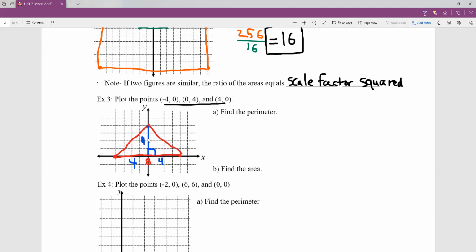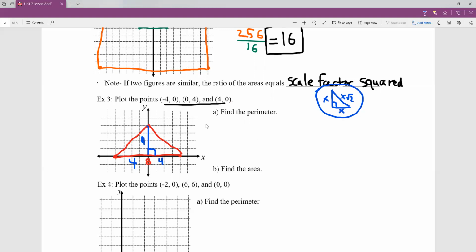So now this right triangle I have here is actually a special right triangle. It is a 45, 45, 90 triangle, an isosceles right triangle. And remember, when we have a 45, 45, 90 triangle, it always follows this pattern over here.